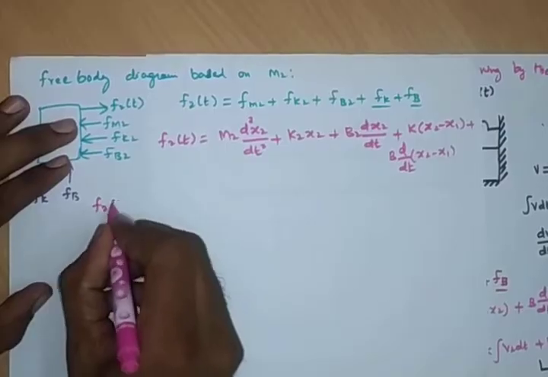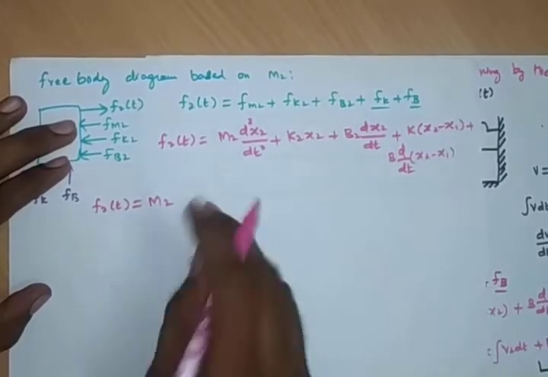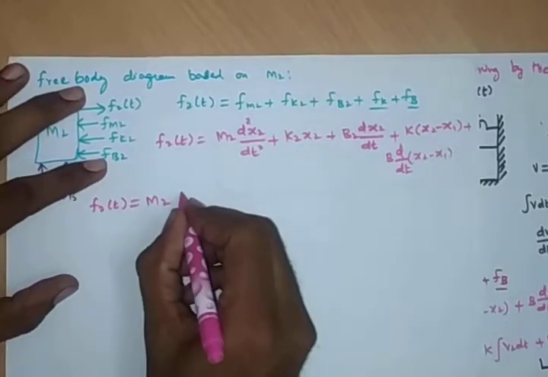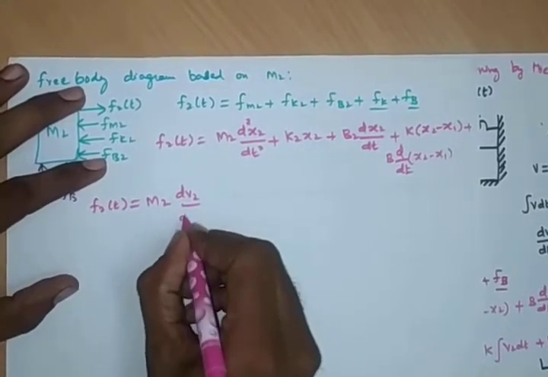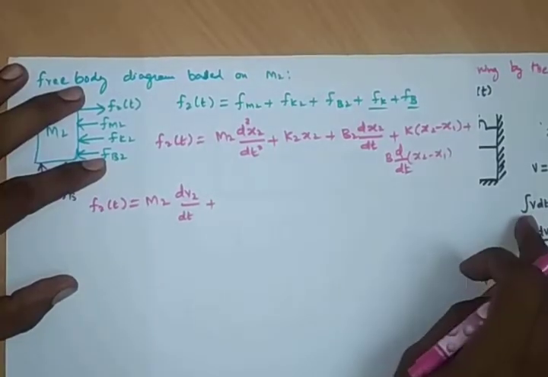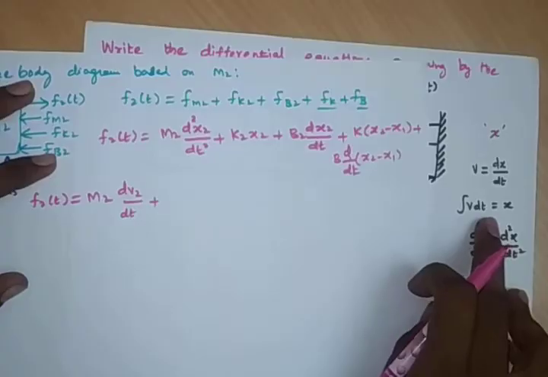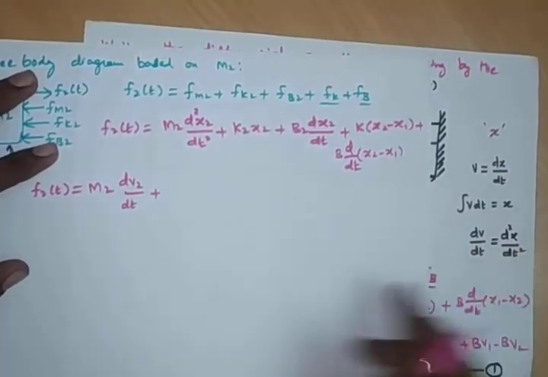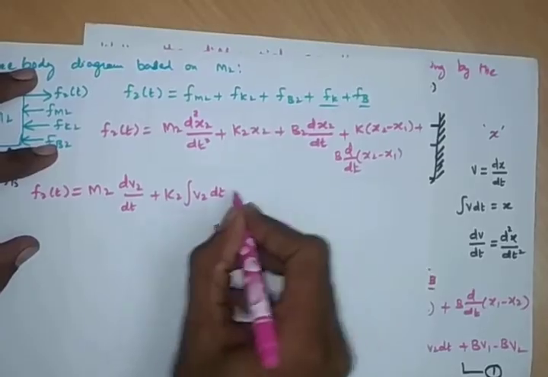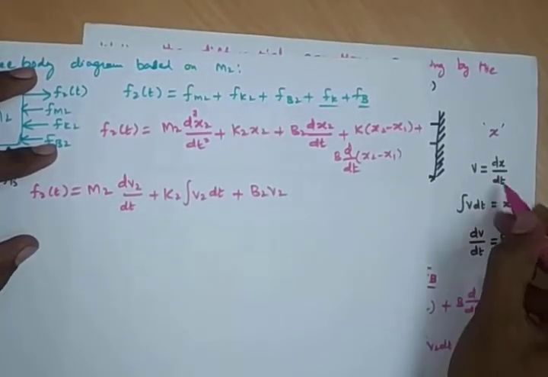So F2 of t is equal to m2 into d square x by dt square, which means dv by dt. So here dv2 divided by dt plus k2 into x2. x2 means the integral of v dt, is it not? So we already discussed these things. So k2 into integral of v2 dt plus b2 into v2, because dx by dt is nothing but v.